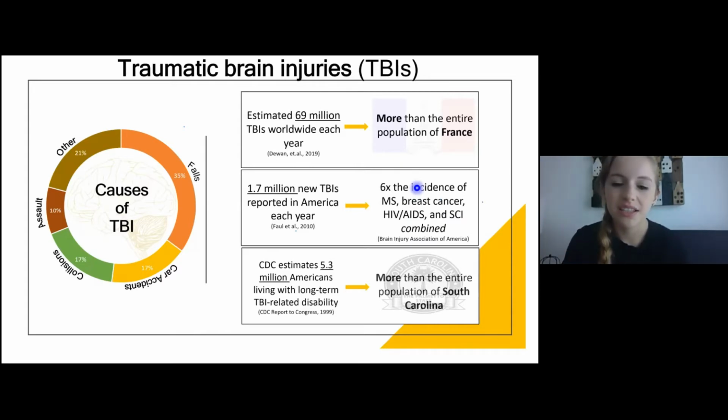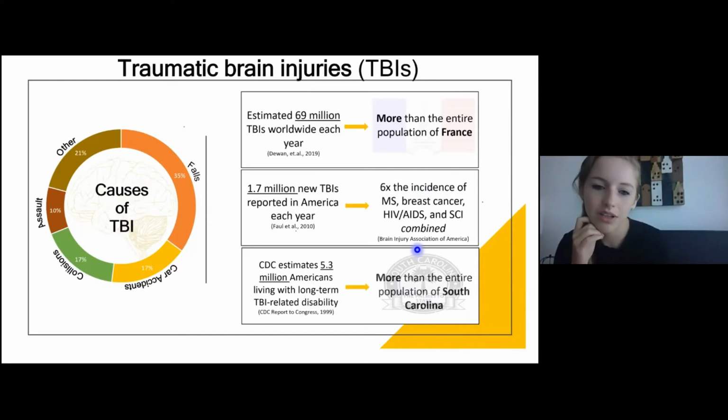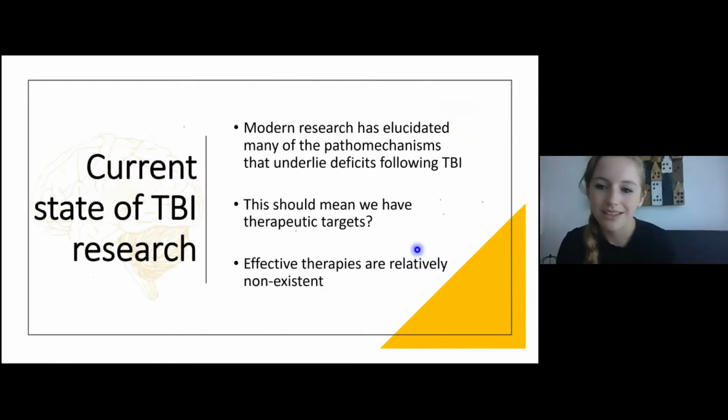And given that these injuries can lead to lasting deficits, it's now estimated by the CDC that over 5.3 million Americans are living with TBI related disabilities. And despite this alarming incidence, research has ultimately failed to identify effective treatment strategies for TBI patients. And this isn't because the researchers are bad or there's just not any work on it.